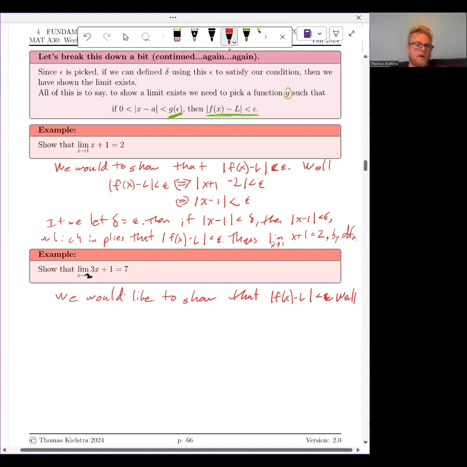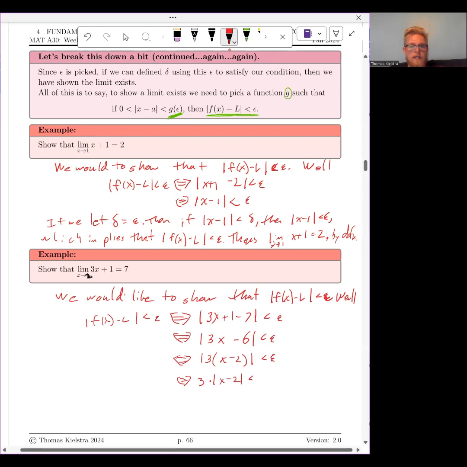Well, the absolute value of f of x minus L is less than epsilon if and only if the absolute value of 3x plus 1 minus 7 is less than epsilon, if and only if 3x minus 6 is less than epsilon, if and only if 3 times the absolute value of x minus 2 is less than epsilon, if and only if the absolute value of x minus 2 is less than epsilon over 3.